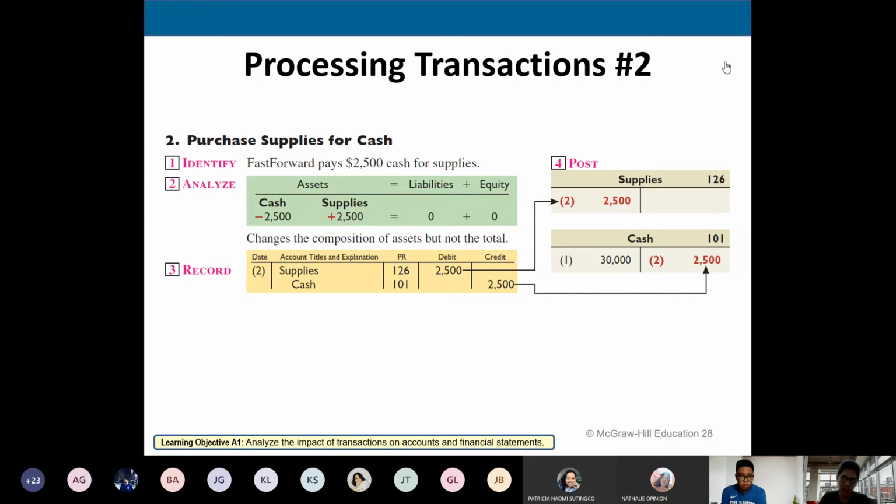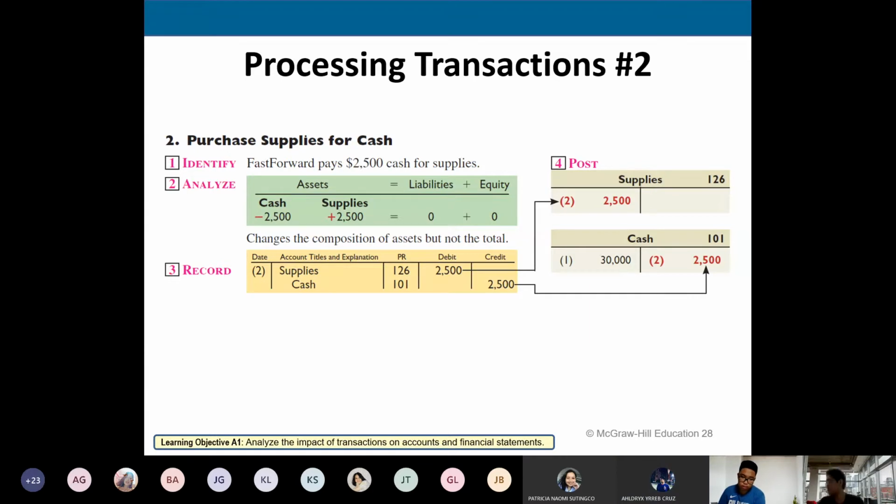So what's our entry if you purchased supplies for cash? Debit? Did your supplies increase? Is supply an asset? Yes, supplies are classified as assets.